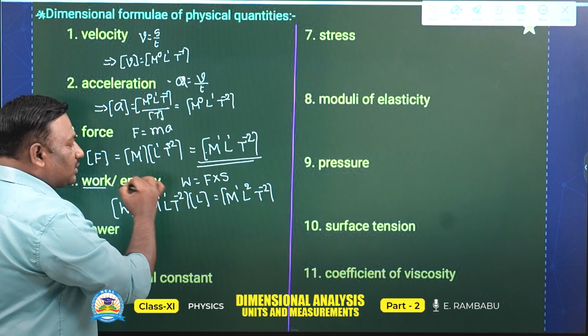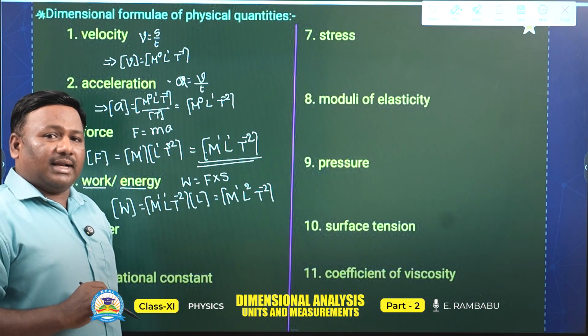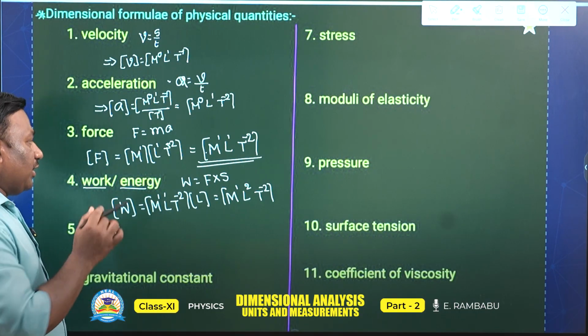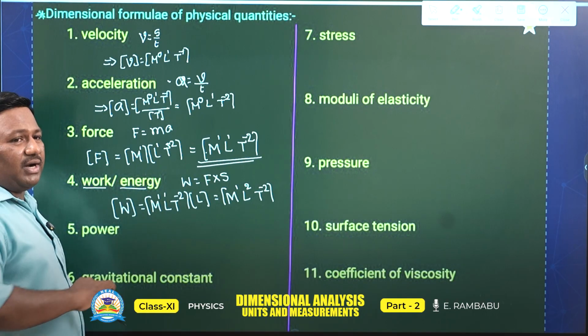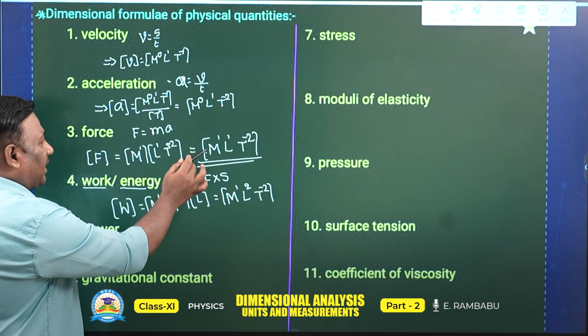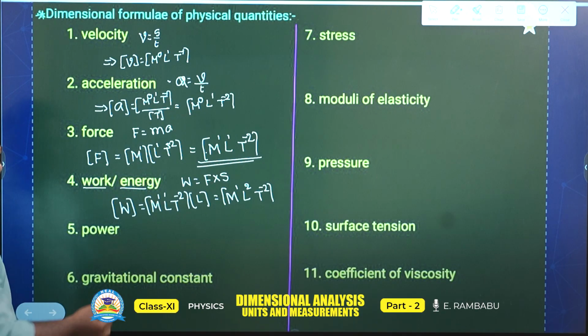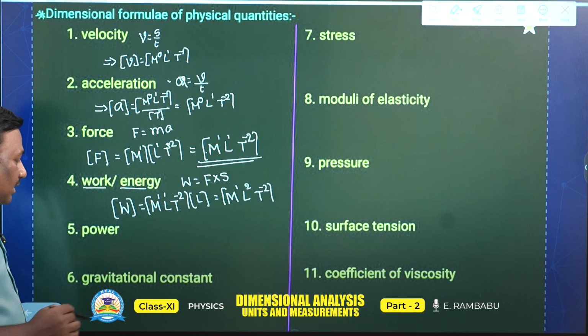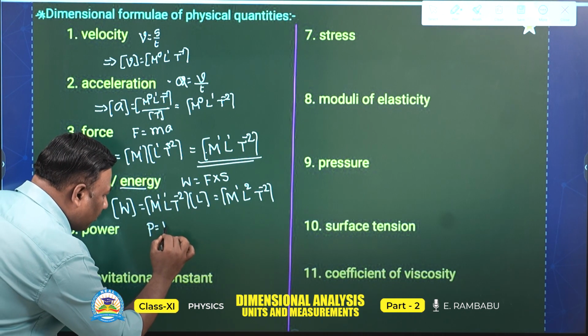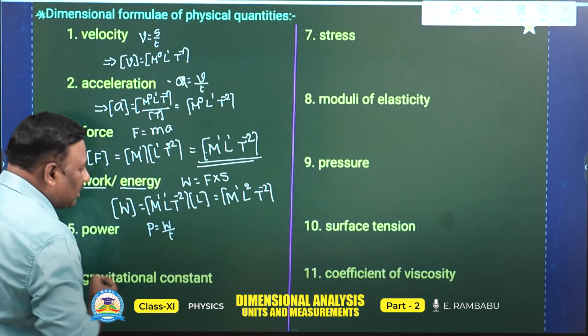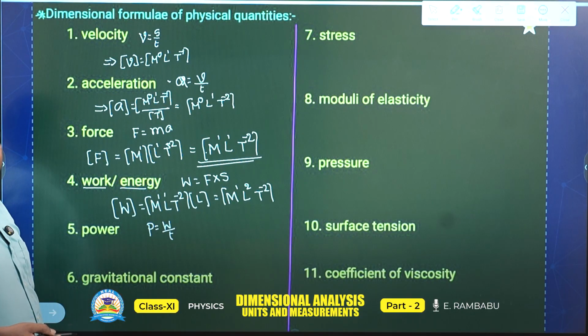These two, force and work or energy, are important. Try to remember these two dimensional formulas because many physical quantities' dimensional formulas depend upon these two. And next one is the power. Now here we know power is nothing but work by time, or rate of change of energy.